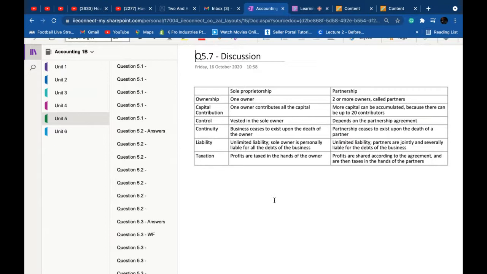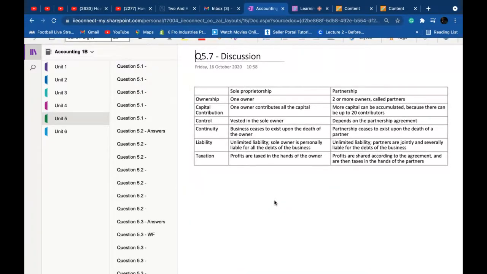So ownership in a sole proprietorship, it's just one person, and then with a partnership could be 2 or more. And I think the cap is like 19 people in one partnership, if I'm not mistaken. But I know there's a limit, and then you have to change it into something else altogether. Forgive me, I'm not a business management lecturer. It's 20. Thank you so much. 20 is the limit. Okay.